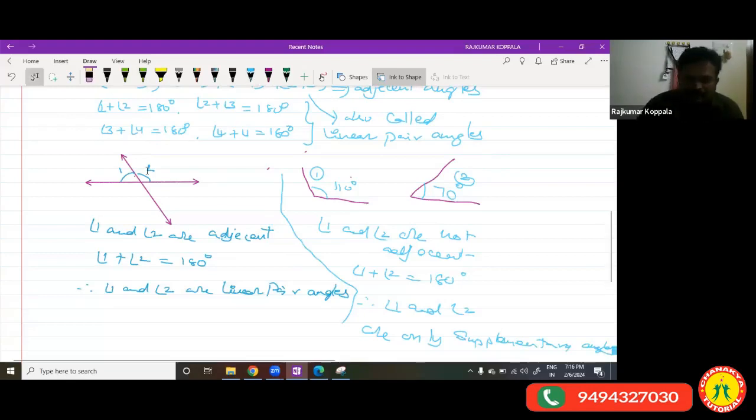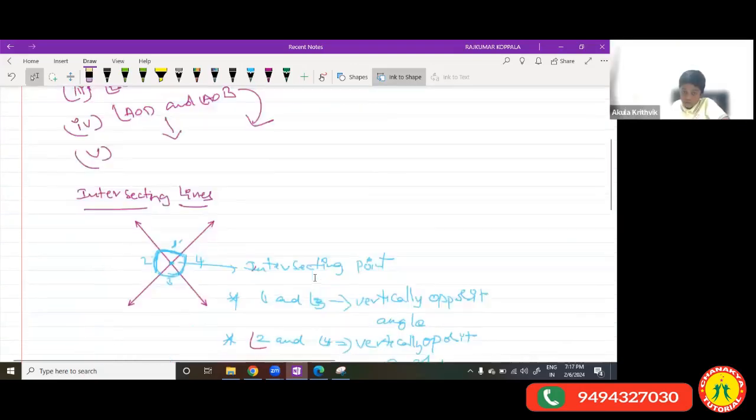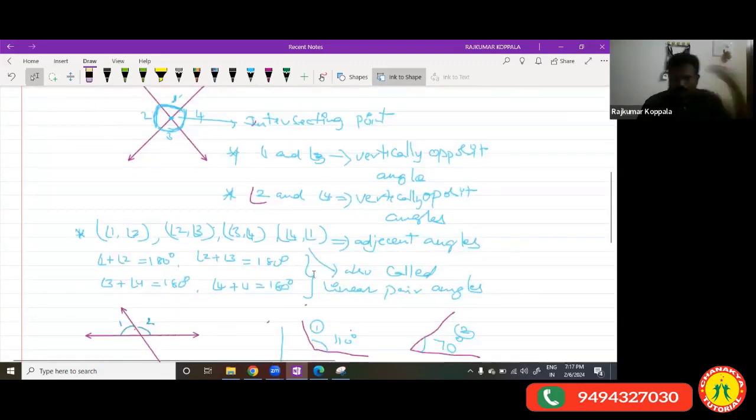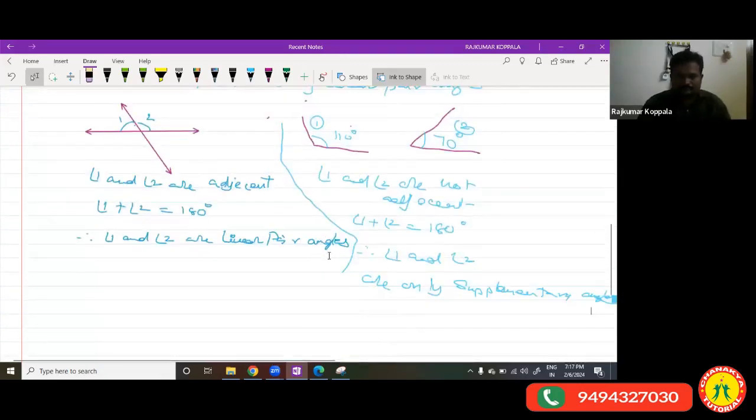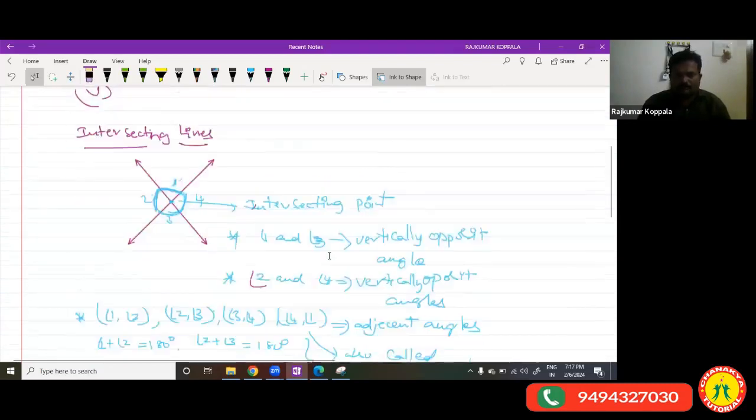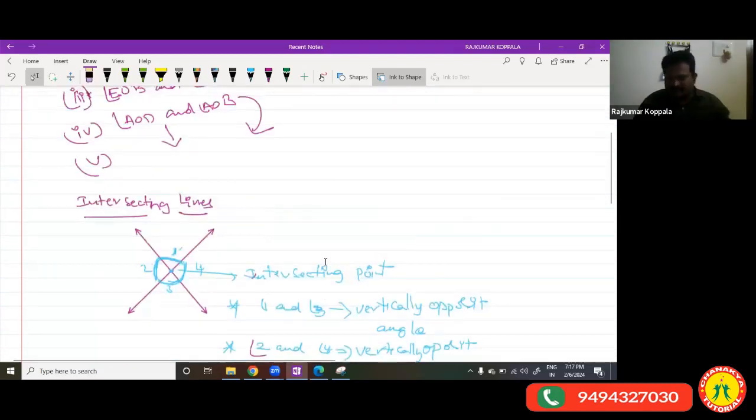Now understand the difference between supplementary angles and linear pair angles. Now see that, these are called pair of angles. Up to now, acute angle, obtuse angle and so on were one angle only. But here at a time we consider two angles.